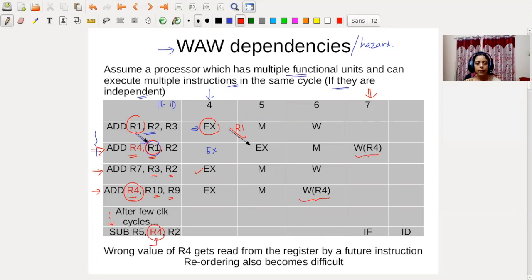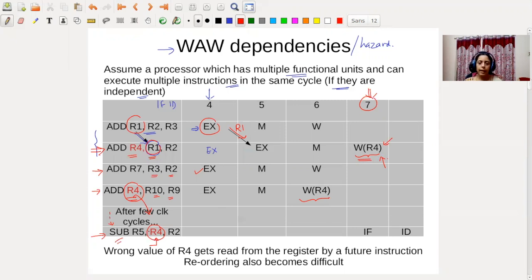The sub instruction actually intends to read the R4 from this instruction because that is the latest instruction and that is how the compiler has generated the code. But what ends up happening is that the write back of R4 has happened in clock cycle 7 for this add instruction, and therefore this sub instruction will end up reading this value of R4, and that is actually the wrong value of R4 for sub.